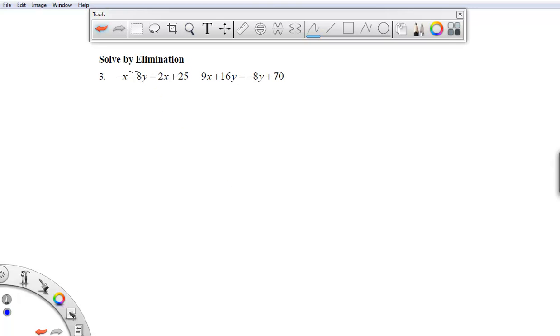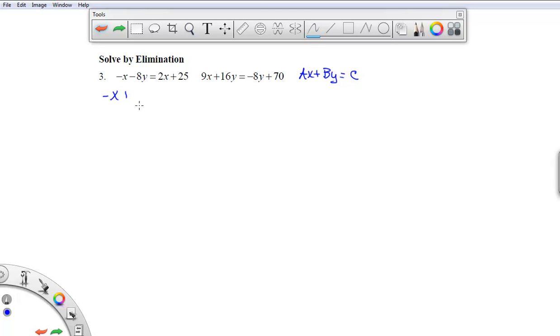Okay, problem number 3, we're asked to solve this by elimination. So that means I want to get both equations in standard form, so that it's ax plus by equals c. So let's take this first equation. I'm going to go ahead and rewrite it here.